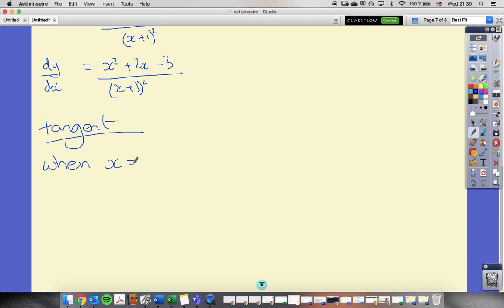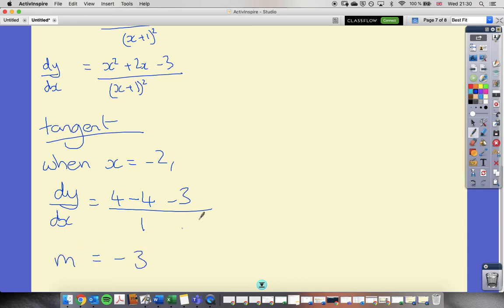So when x is -2, dy by dx is (-2 squared plus 2 times -2 minus 3) over (-2 plus 1) all squared, that's 1. So m is -3, and the point we're going through is (-2, -7).